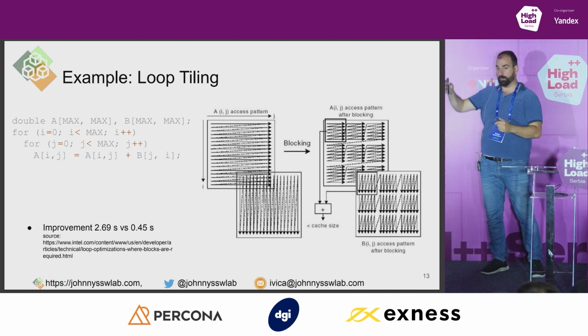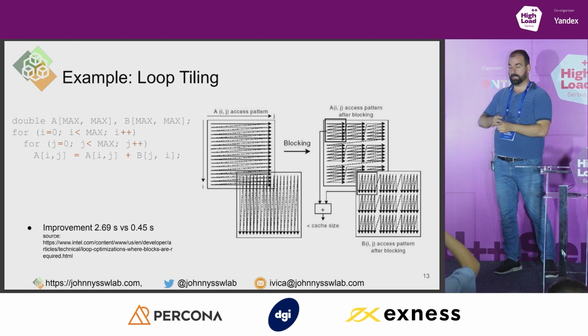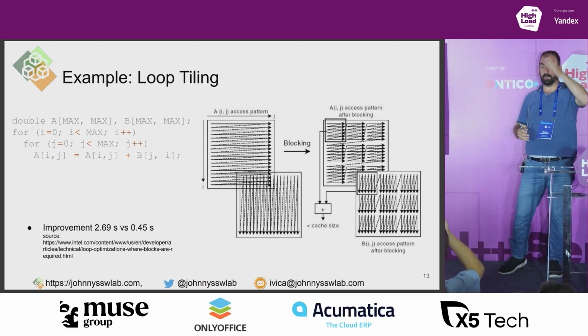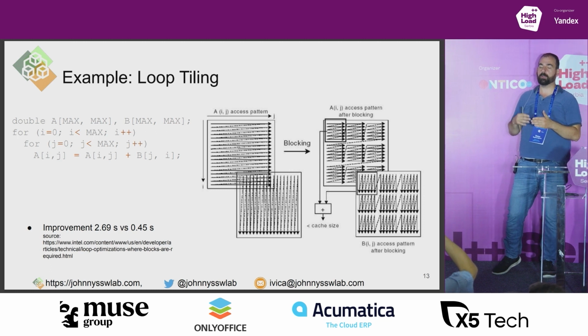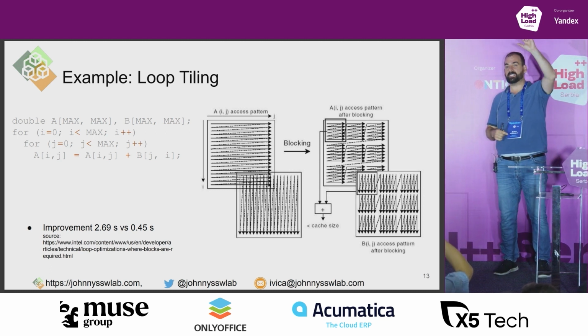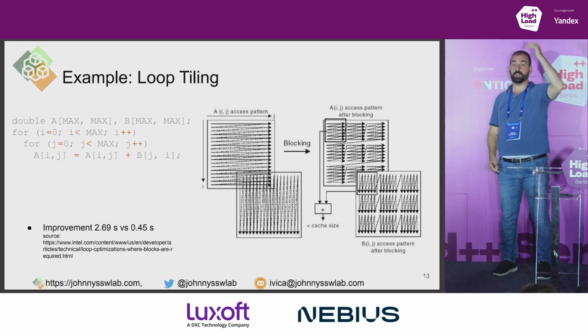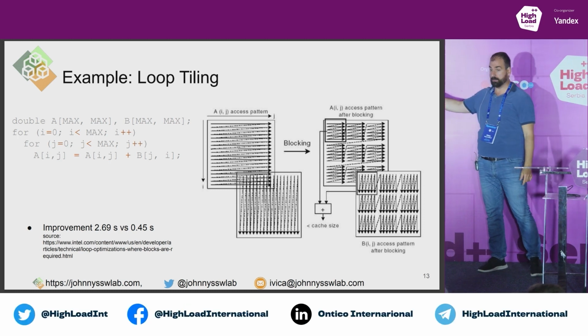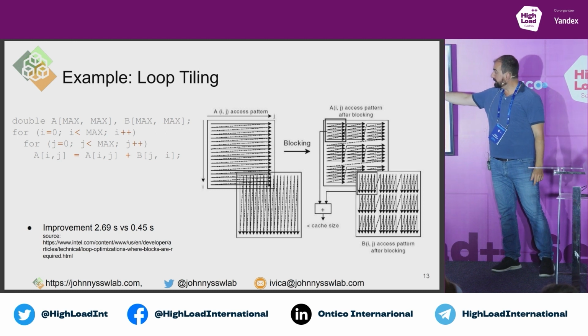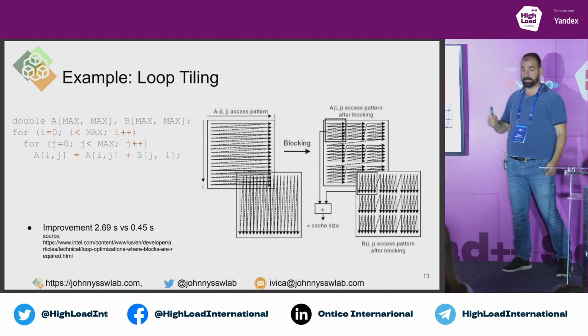Now you iterate over the end of the columns, and if the number of columns is large, the first access will get evicted because it's too far away.